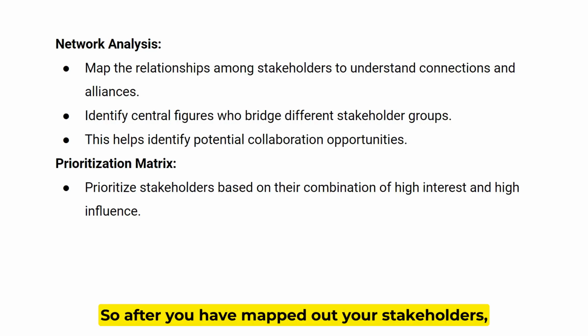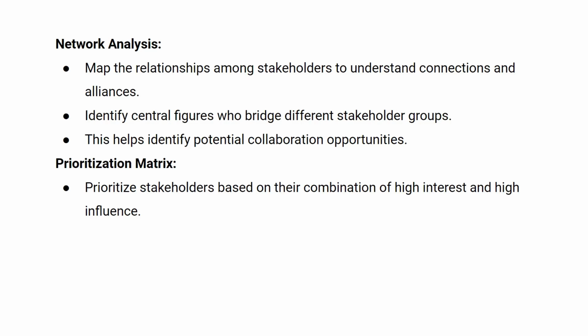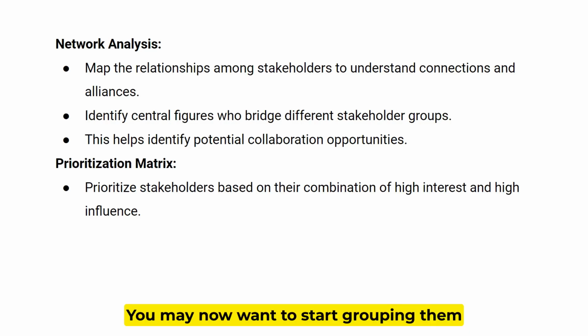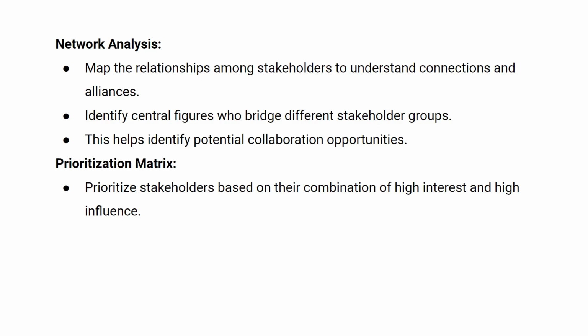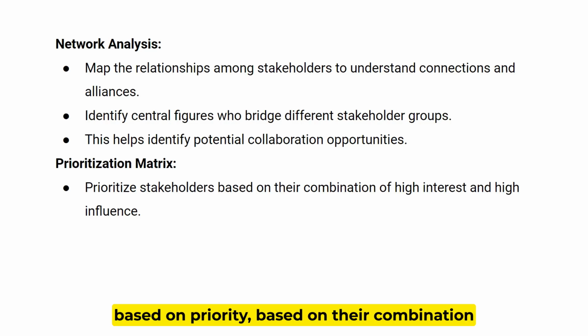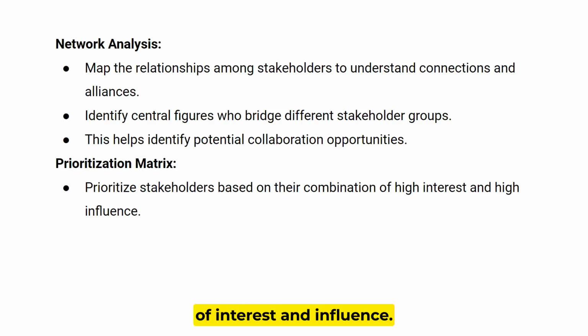So after you have mapped out your stakeholders and their power and interests, you may now want to start grouping them based on priority, based on their combination of interest and influence. So this is also another strategy to analyze the interest, the influence, and potential contribution.